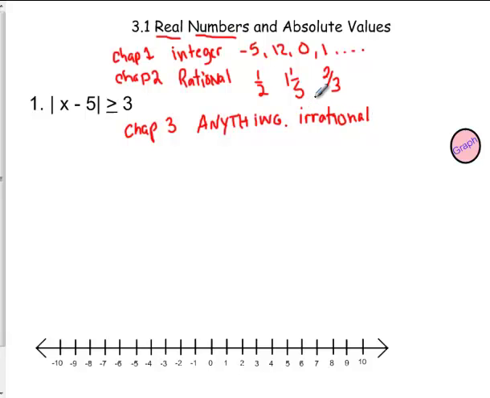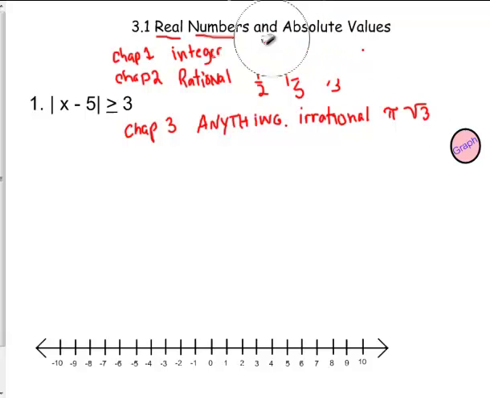So that means in this chapter, you're going to start seeing some weird numbers, like pi is irrational, and the square root of 3 is irrational because you can't take the square root of 3. It goes on forever and ever. And you should know this. This should all be review.